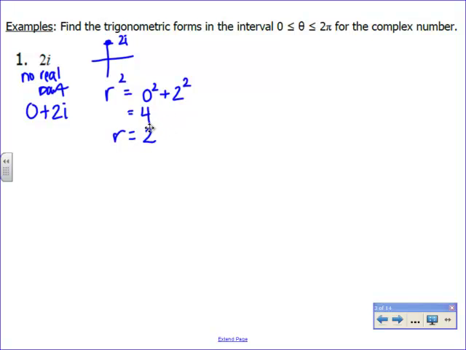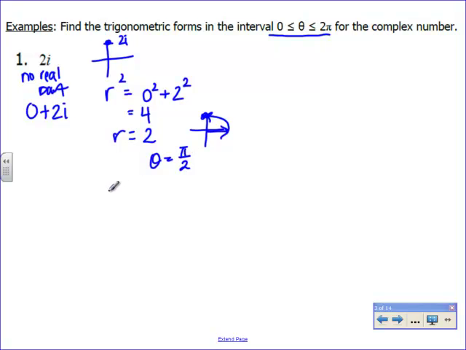Our theta we should be able to figure out pretty quickly because this is a quadrantal angle. So think about your r being a positive 2. What angle would you have to rotate to get to that 2i point? Well, you'd have to rotate a theta of pi over 2, or 90 degrees. I'm writing it in radians because my question asked me about radians. Once you've identified your r and your theta, you plug it into trig form.